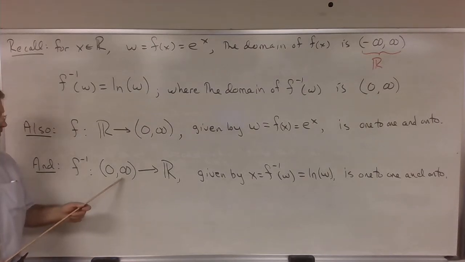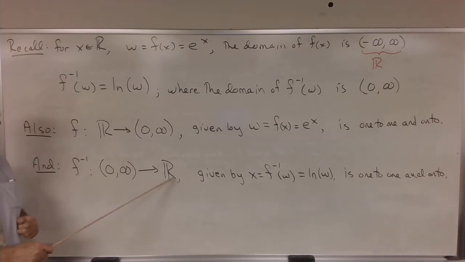So no two distinct elements here get mapped to the same element here by the natural logarithm function. And for every real number, there's a positive real number over here that the natural log of w maps to this real number over here.